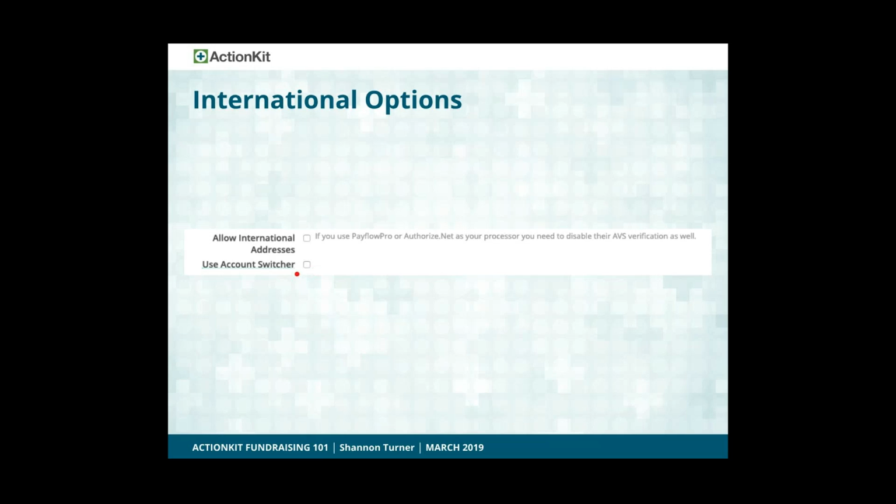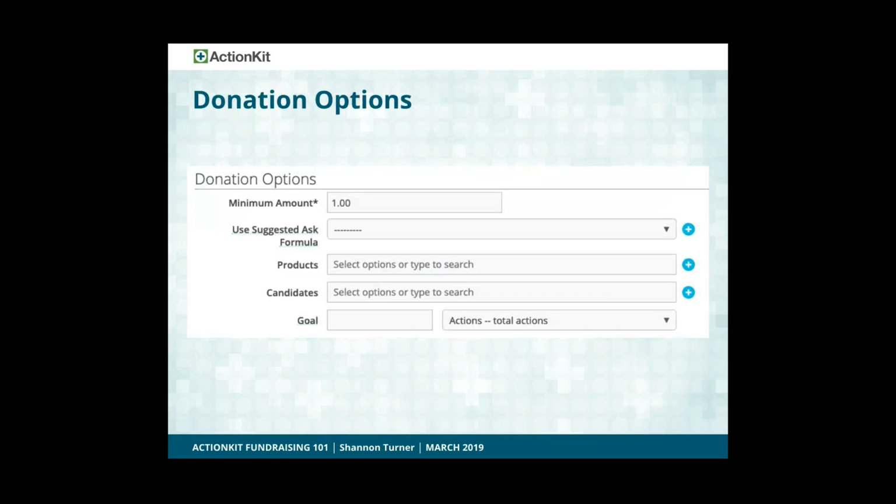Just be careful not to use the account switcher if your page offers products, because product orders will fail. And we'll talk a little bit more about products in a little bit.